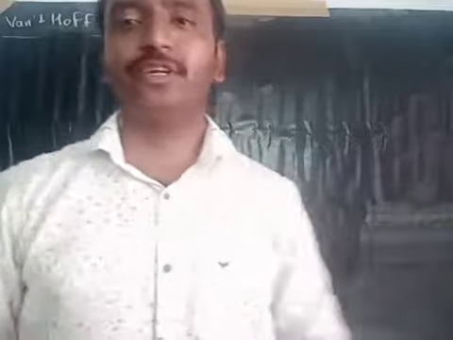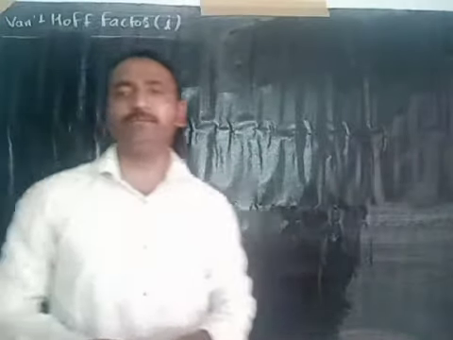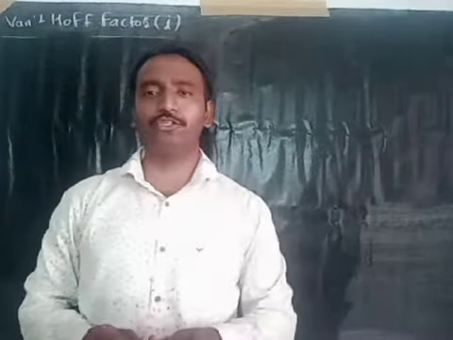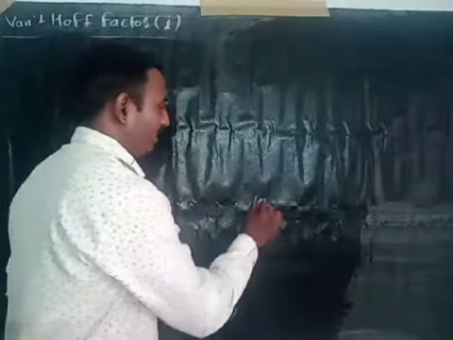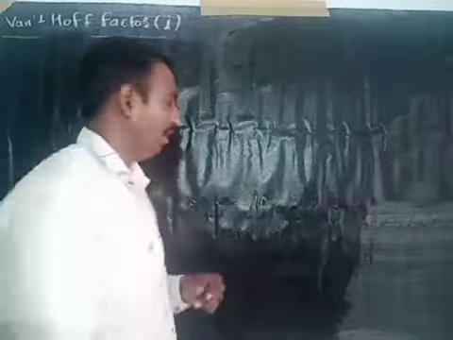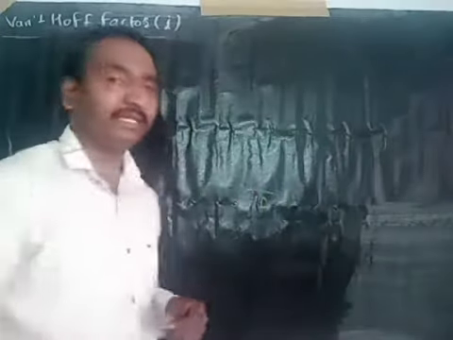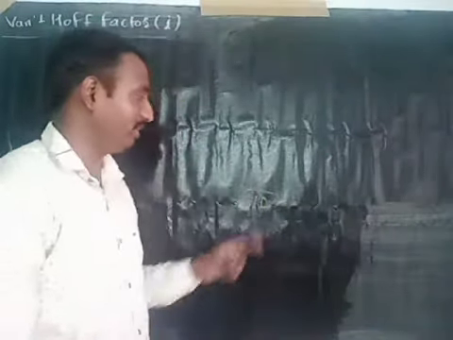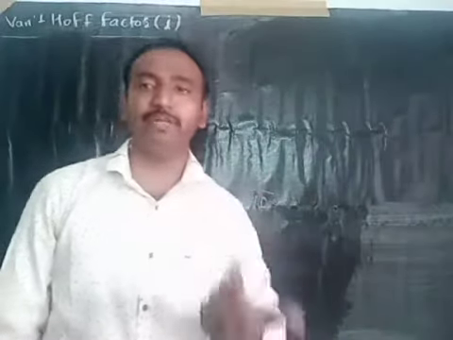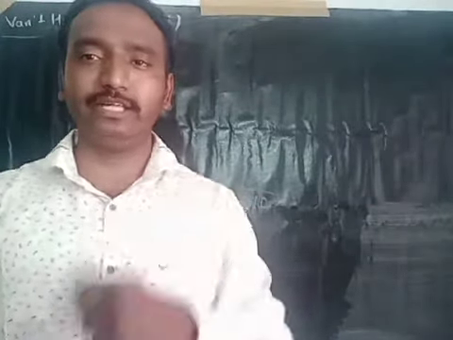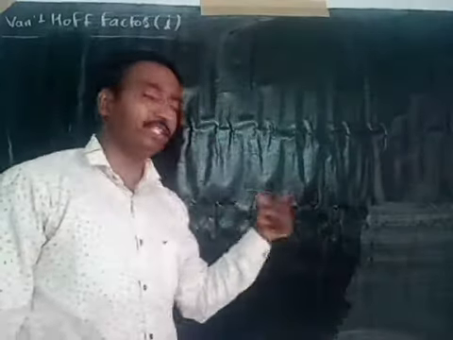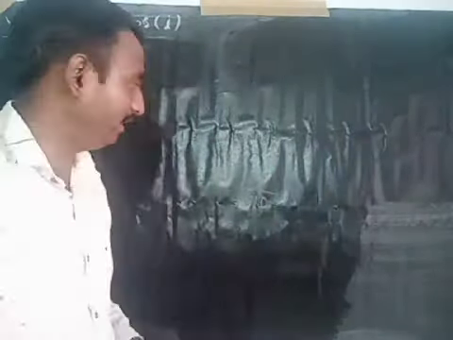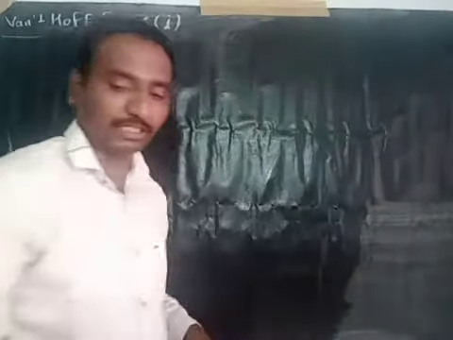Degree of dissociation is nothing but the fraction of total number of moles which get dissociated. Suppose I have 10 moles of an electrolyte, out of which only 5 moles get dissociated. Then the fraction 5 upon 10 will be the degree of dissociation for that electrolyte.